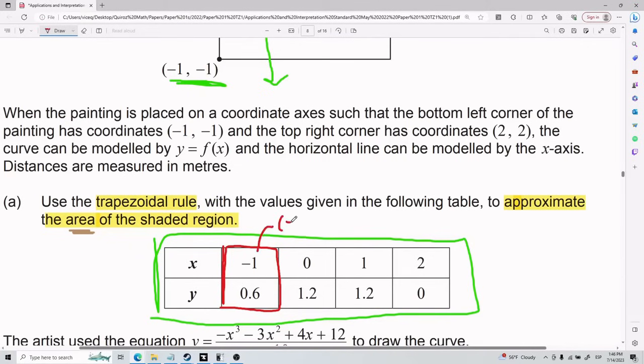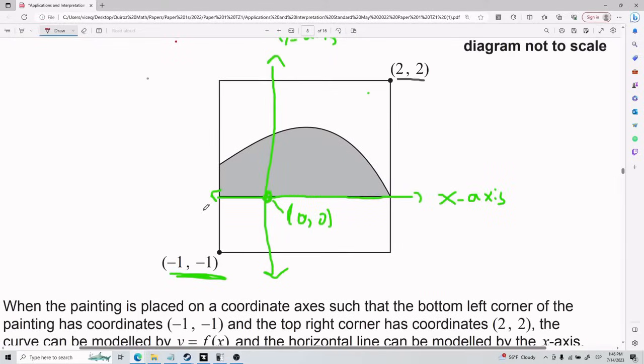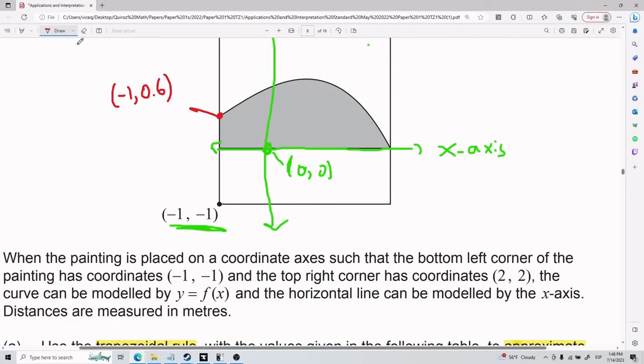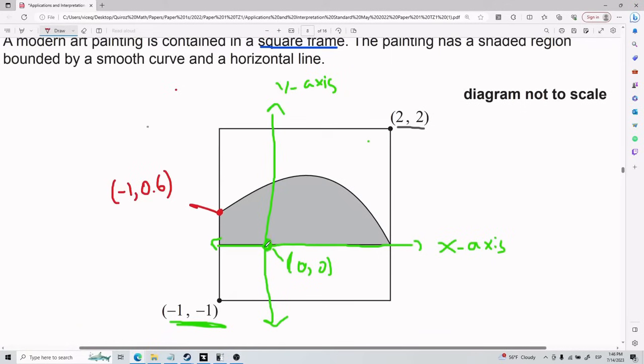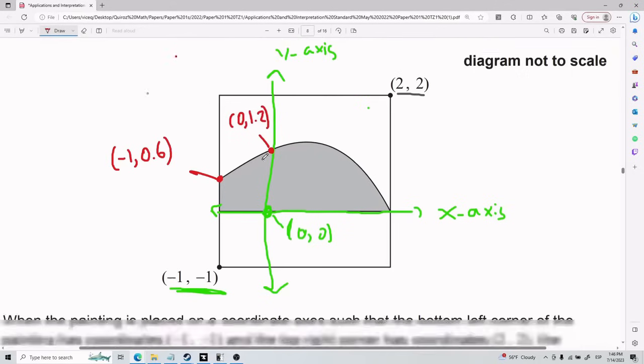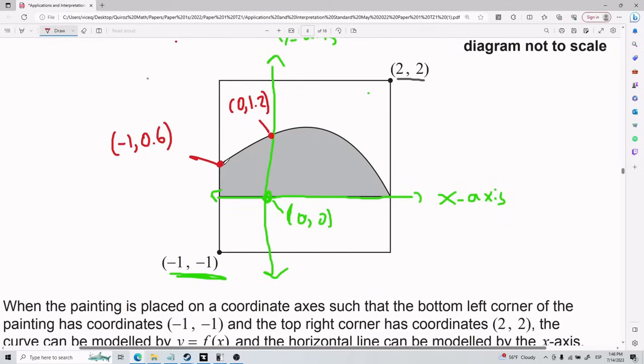If I put that in, it would be here. This right here is -1, comma 0.6. What is the next one? 0, comma 1.2. So at 0, we have 0, comma 1.2. And here we have our first trapezoid.